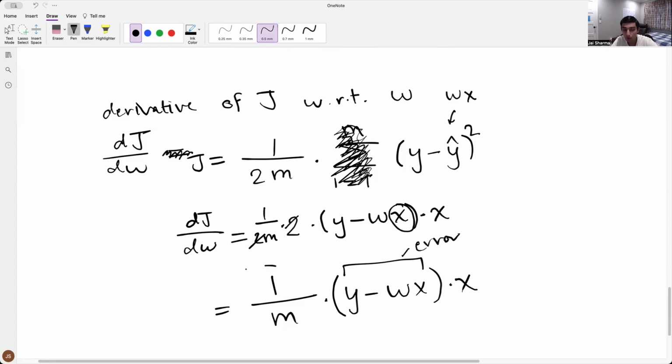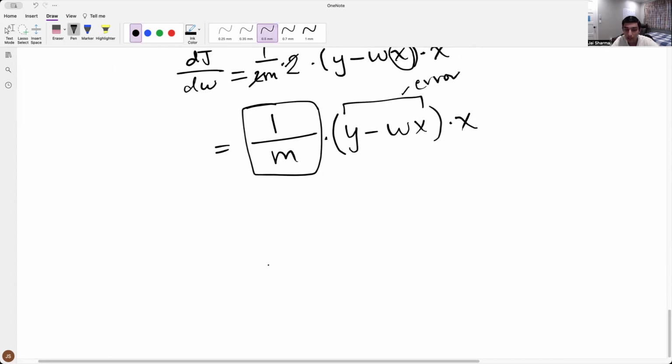And if I do 1 over m, and let's say I have a lot of examples, and I actually included the summation that I crossed out, what would happen is that this essentially takes the mean. If you ignore this, then that's just doing it for one example. So let's say we're only doing this for one example, then this would basically be the error times the input, and this is the input, right?